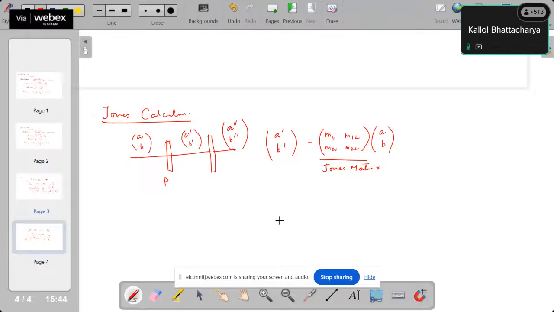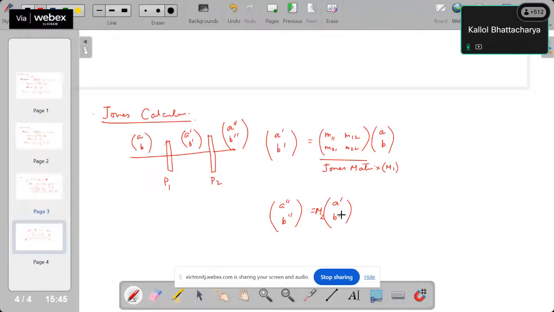Okay. Then again we can write A double prime, B double prime. This is equal to, let's say, this is P1, this is P2. So this Jones matrix, let us write it as M1. So again, we have to multiply this with M2, which is the Jones matrix for the second polarizer, and write it as A prime, B prime.